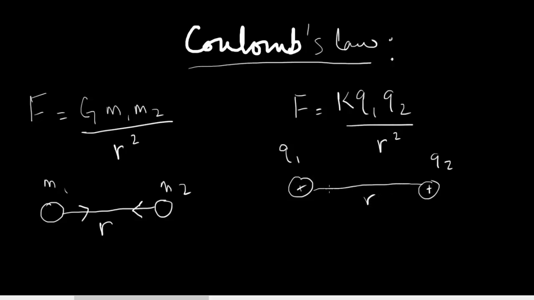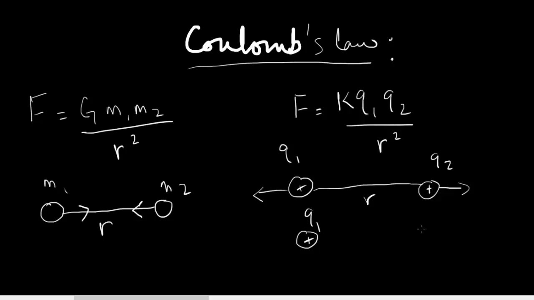Then you find the magnitude of the force between Q1 and Q2 using this formula, and the direction of the force between electrical charges can be either attractive or repulsive. In this case, both charges are positive, so they're going to repel each other, and the direction of the force is going to be along the line that joins these two charges.